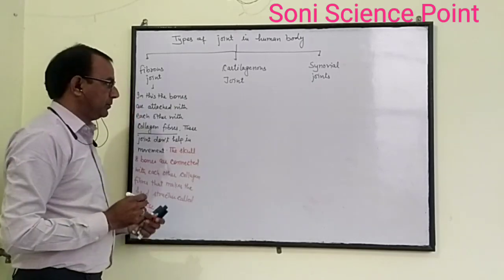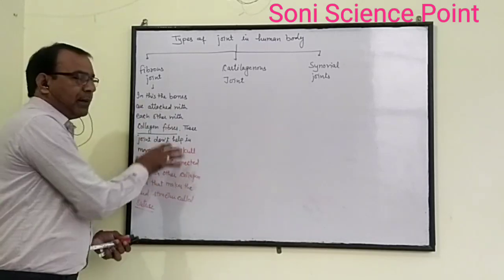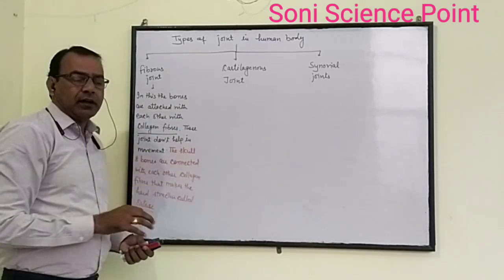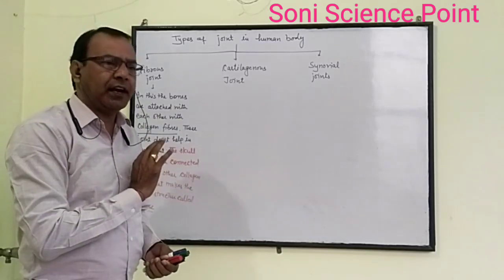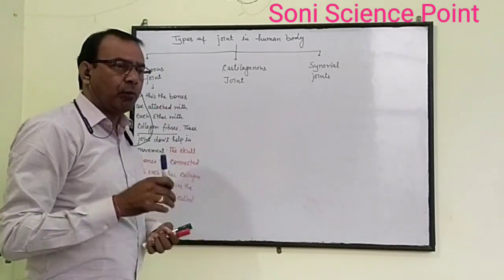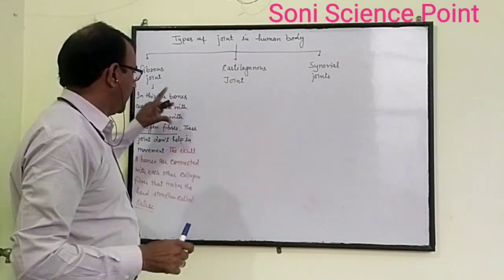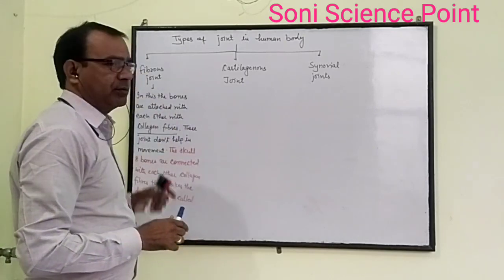S-U-T-U-R-E, suture. This type of joint cannot help in movement. This joint cannot move even a little bit. No movement can take place in this type of joint.